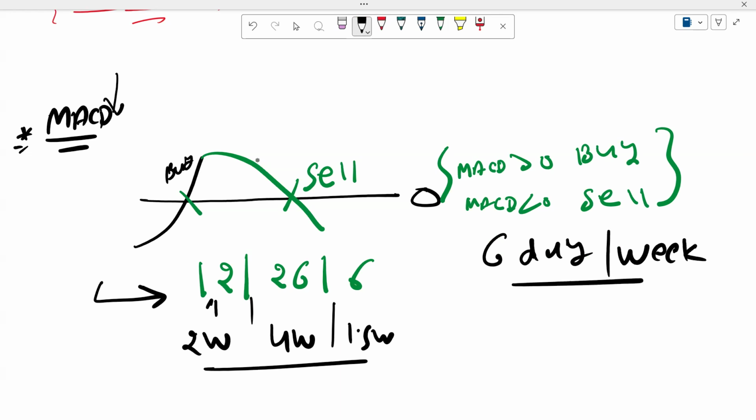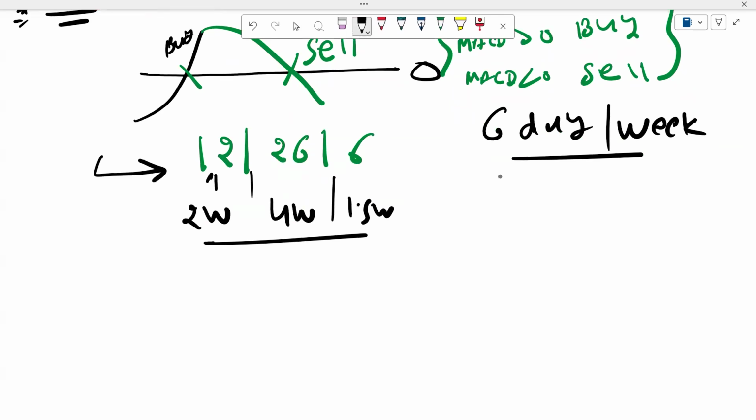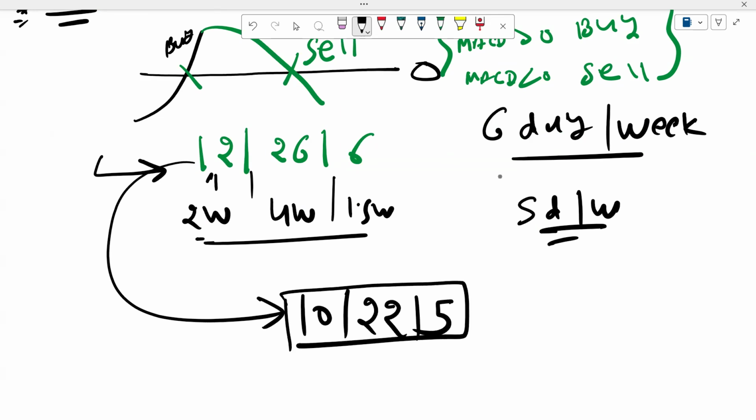In today's context, the market runs 5 days per week, so this time frame will change. 2 weeks will be around 10, 4 weeks let's say 22, and the last one around 5. So 10, 22, 5 is accurate in today's context.